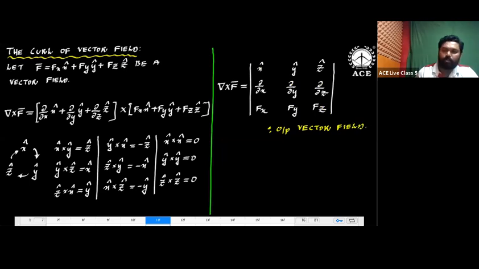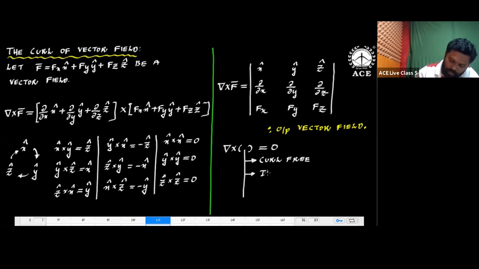You need to remember some terminology here. If the curl of a vector field goes to 0, then it is called curl free, irrotational, conservative.